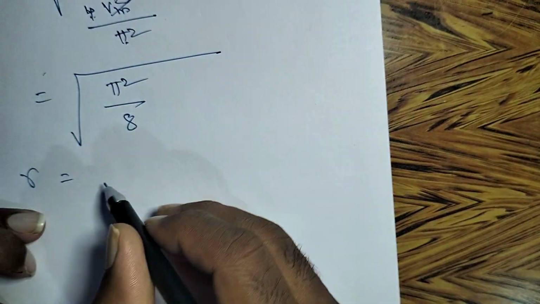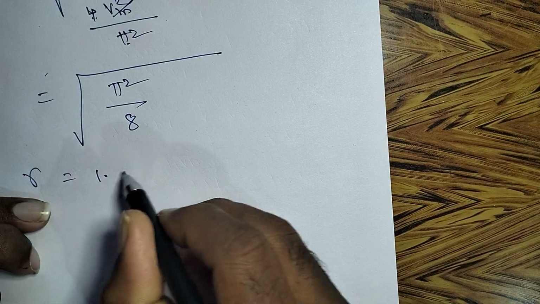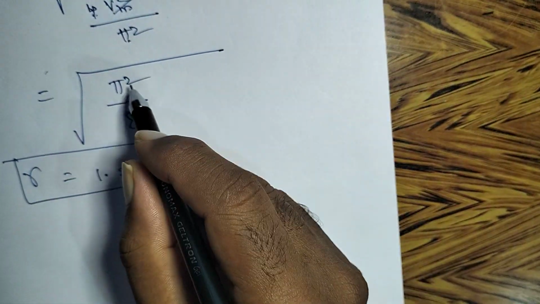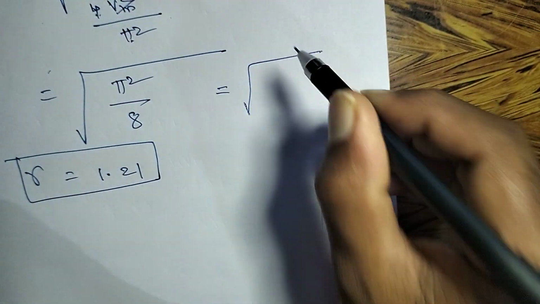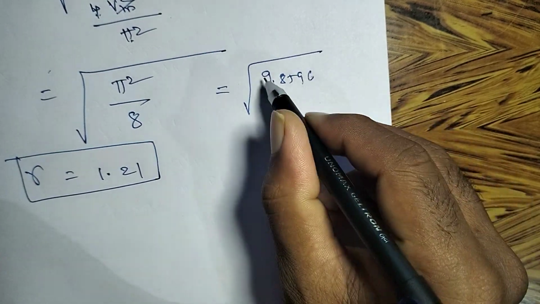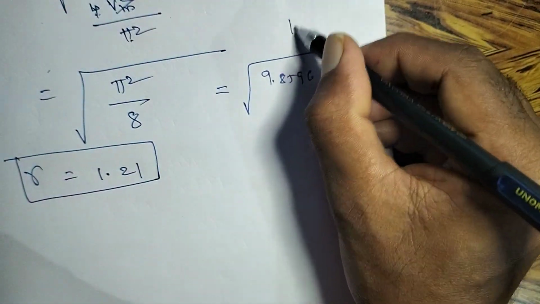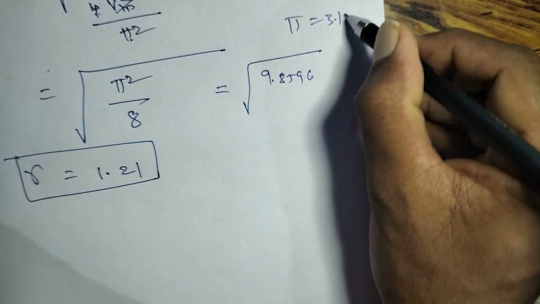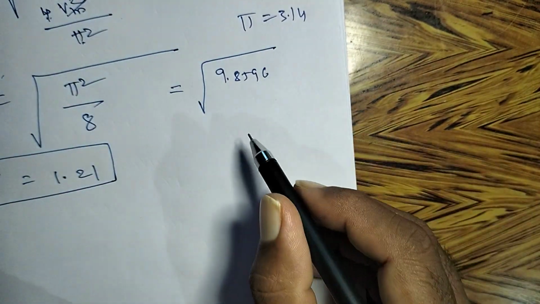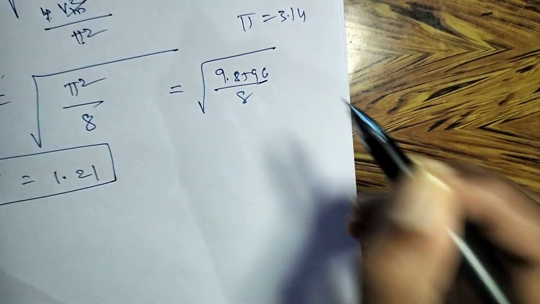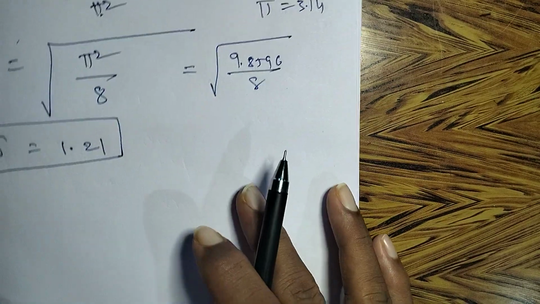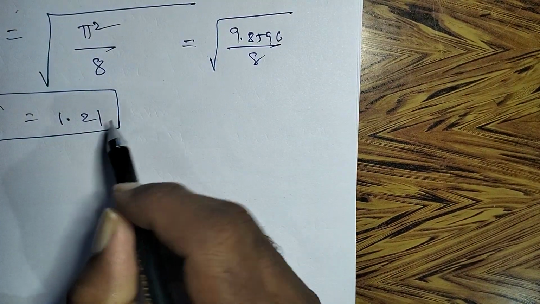Using the calculator, pi square is 9.8596, because pi is 3.14 and 3.14 whole square is 9.8596, divided by 8. If you take the square root of this minus 1, you will get approximately the ripple factor.